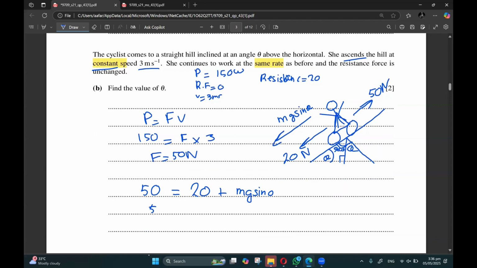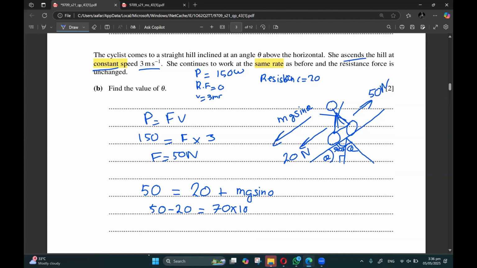So 50 minus 20 equals mass, which is 70 as we calculated initially, times gravity, which is 10, times sine theta.